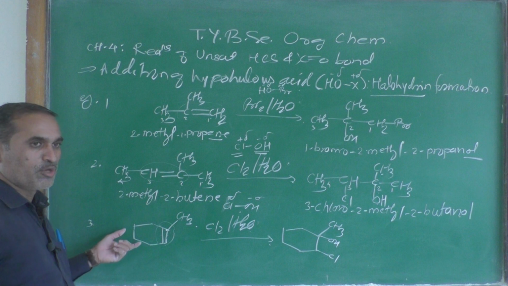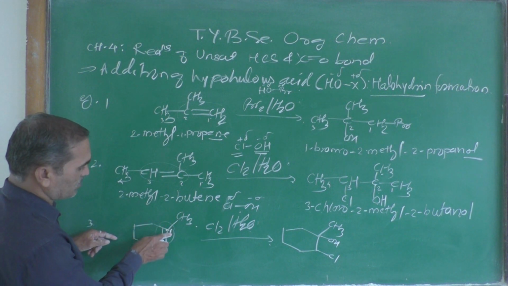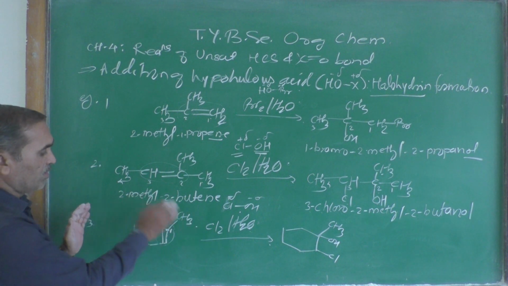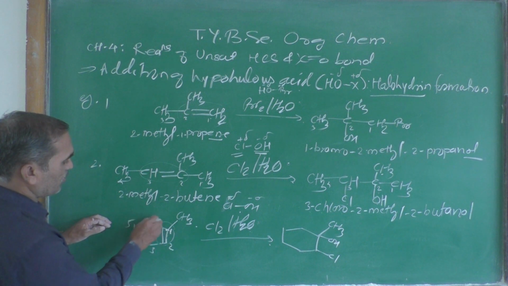What is the IUPAC name of this compound? There is a methyl group, so give the number from this side, 1, 2, not from this side. You should give the numbers in a clockwise manner here, 1, 2, 3, 4, 5 and 6.